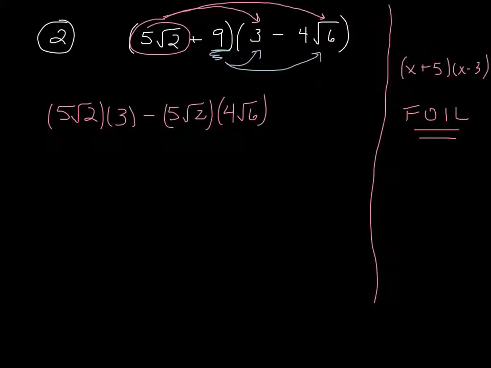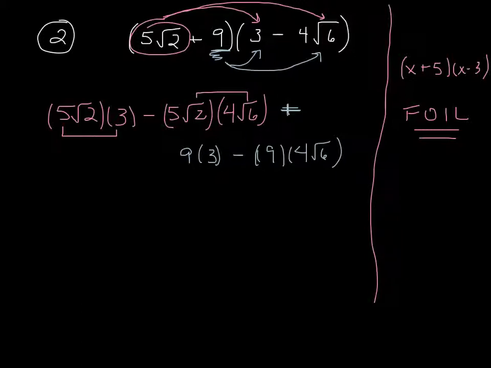Now, meanwhile, we're going to have to add to that what happens when we distribute 9 times 3 and then minus 9 times 4 radical 6. So let's continue on here. Let's actually multiply. Remember, we can only multiply coefficients times coefficients, and we can only multiply radicals times radicals. So we have to keep those kinds of things in mind.